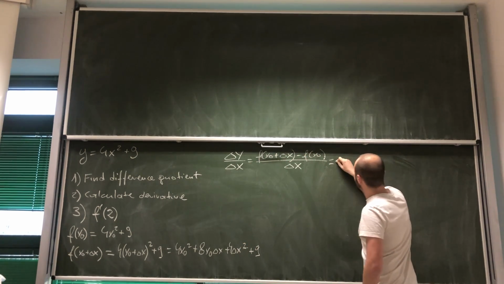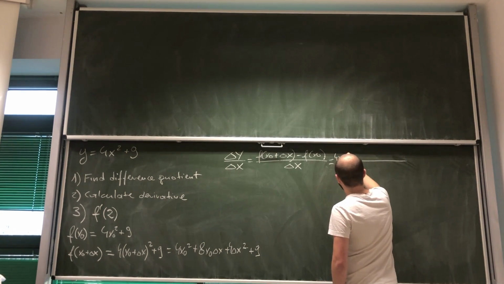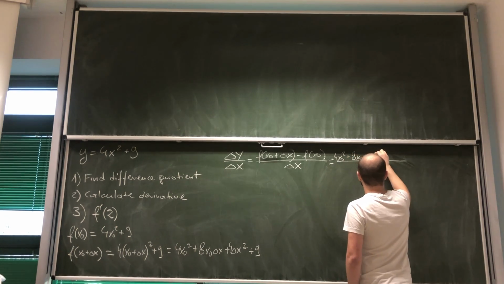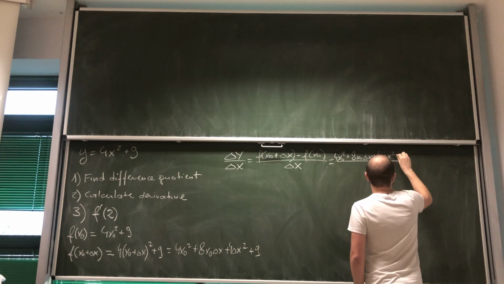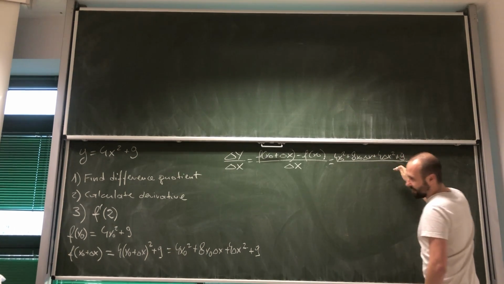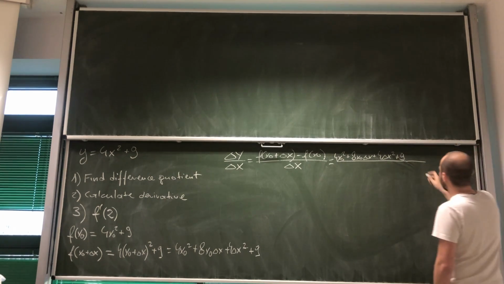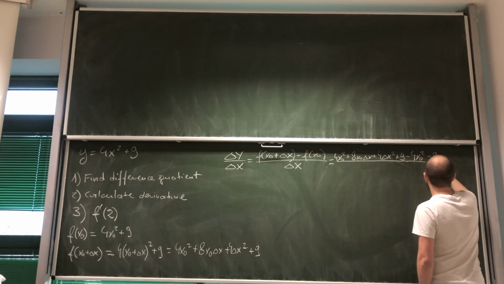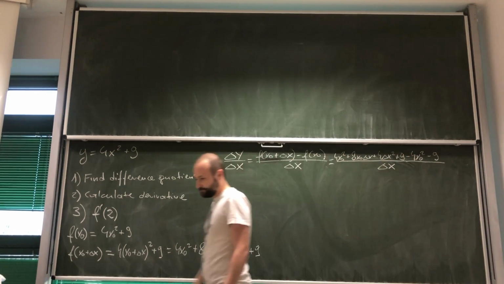So we get over here 4x0 squared plus 8x0 delta x plus 4 delta x squared plus 9. And now we subtract the second expression, so we get minus 4x0 squared minus 9, all divided by delta x.